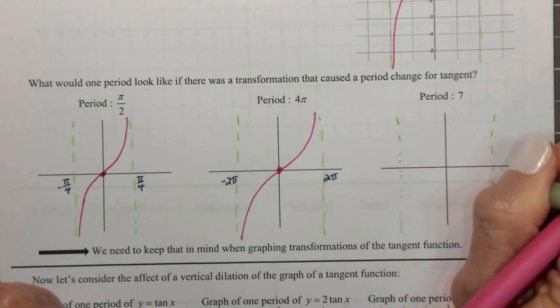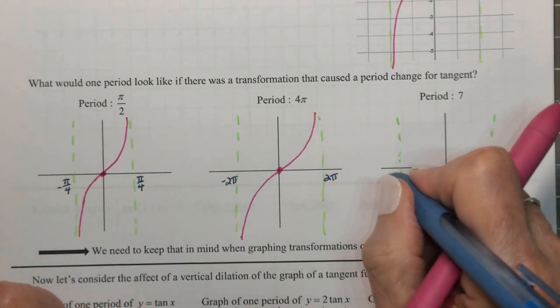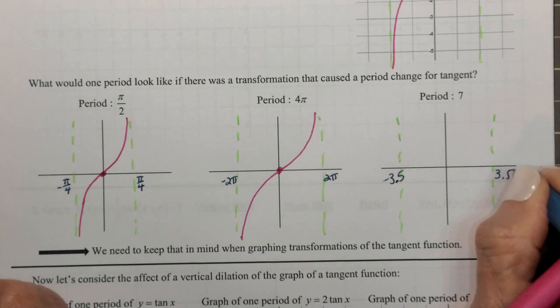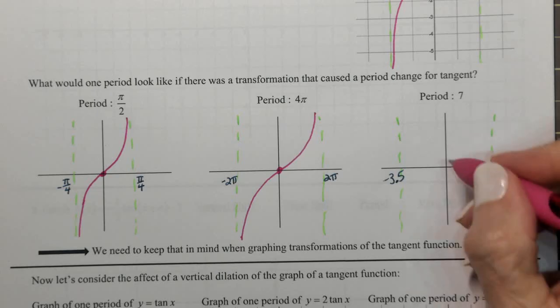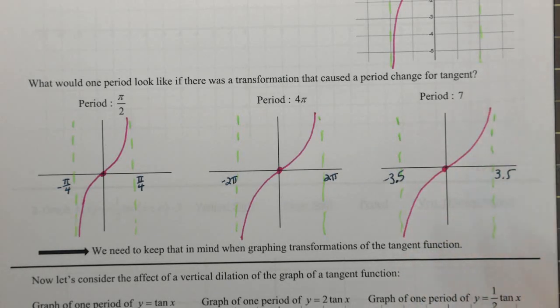Well, if the period is 7, this is going to need to be negative 3.5, and this is going to be 3.5. So the distance between them is 7. The shape is still the same, just the period changes. Okay? So keep that in mind when we're graphing transformations of tangent.